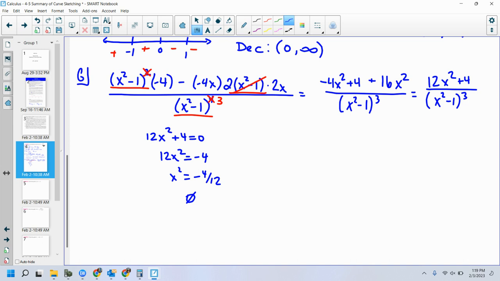Because it's not only the zeros, but also where the second derivative does not exist. X squared minus 1 cubed is equal to 0. So x squared minus 1 is equal to 0. So x is equal to plus or minus 1 again. So when I run my concavity test, I have to use positive and negative 1.